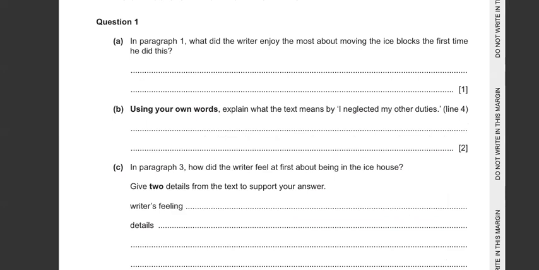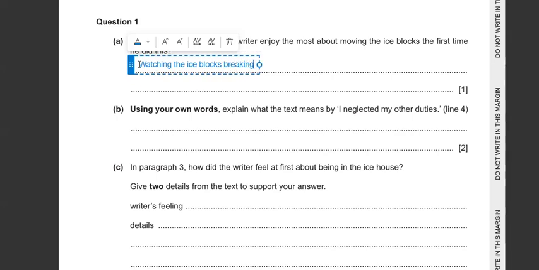So let's compose your answer over here. We can start our answer: watching the ice blocks breaking down into small pieces.